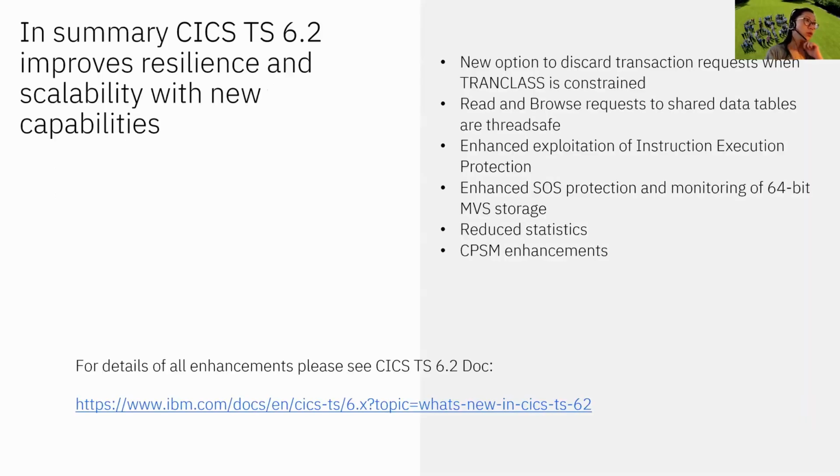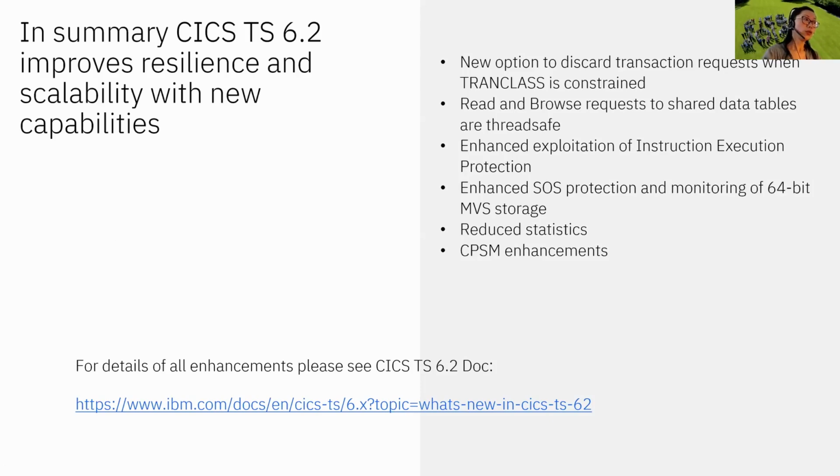Right. So in summary, what I've shown you in 6.2 are capabilities that improve resilience and scalability. This is not the comprehensive list of all the enhancements, and for the areas I mentioned at the very beginning of the slides, you can see this link on the CICS topic, what's new in CICS TS 6.2.